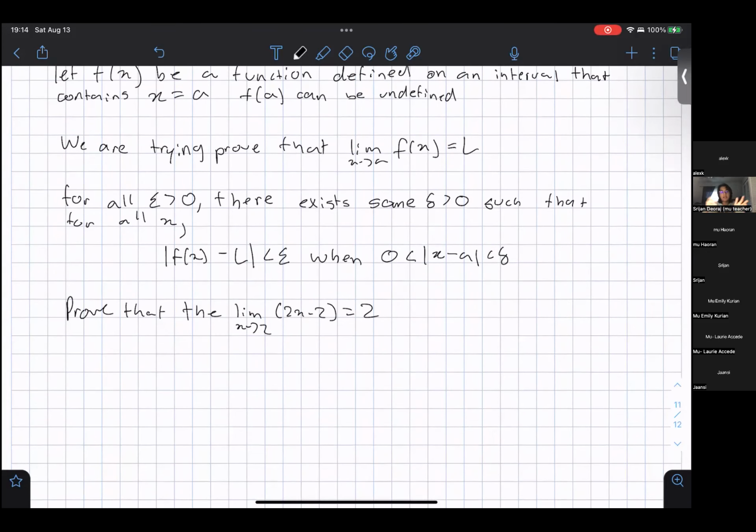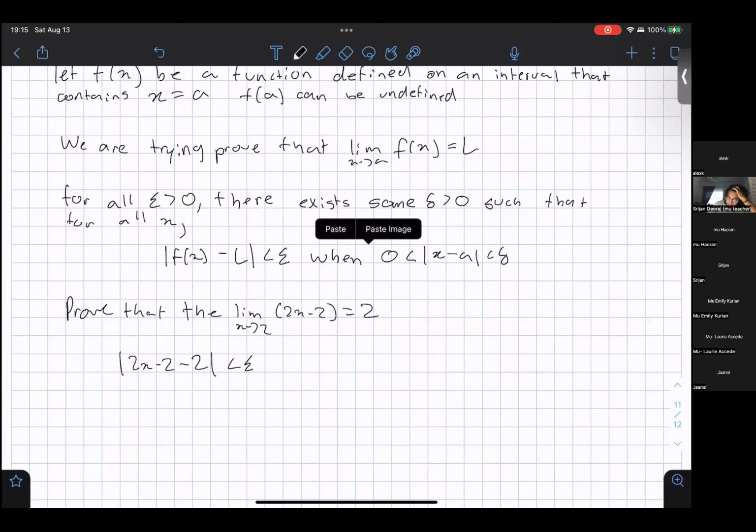So we know that the limit is equal to 2. What we can do is plug in f of x and L into here. So the absolute value of 2x minus 2 minus L, which is 2, is less than epsilon. And we need to find some delta such that this is true. Ideally we need some expression with the absolute value of x minus a in there.